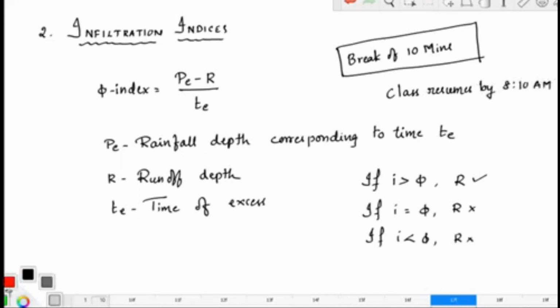We shall start again exactly at 8:10. If anyone is having any doubt, you can raise your hand or drop a message, I'll watch it. Again, we shall start by 8:10 a.m.